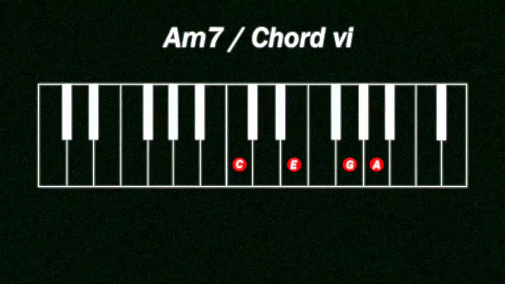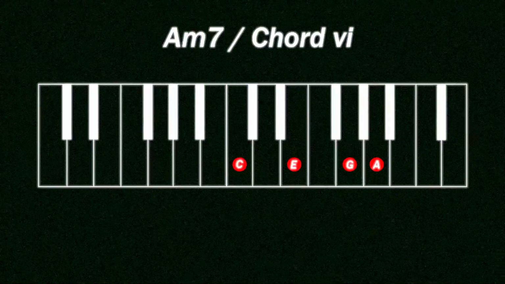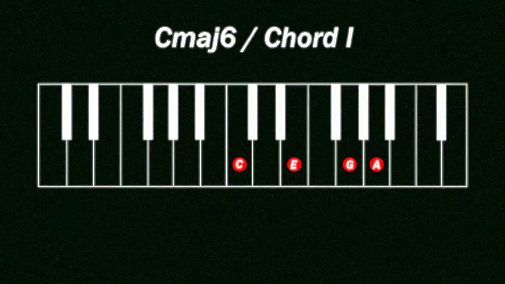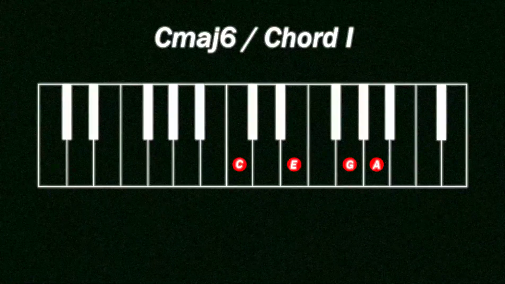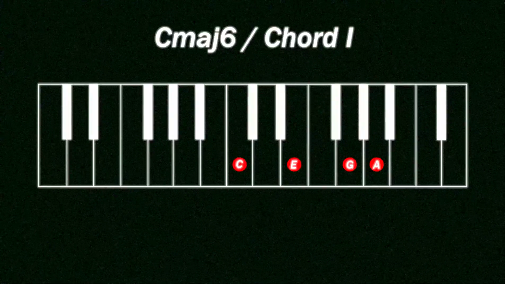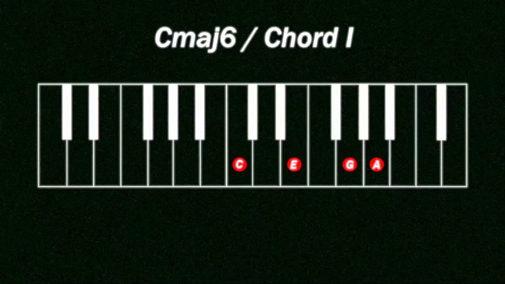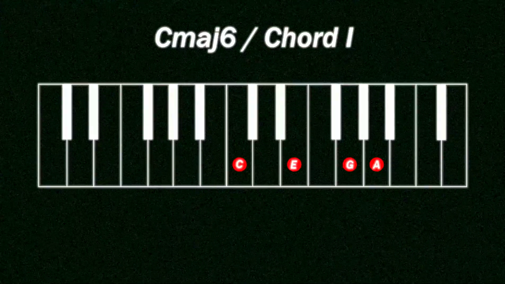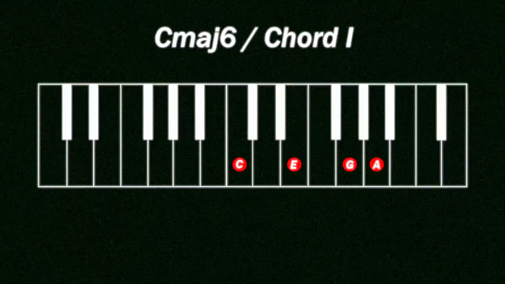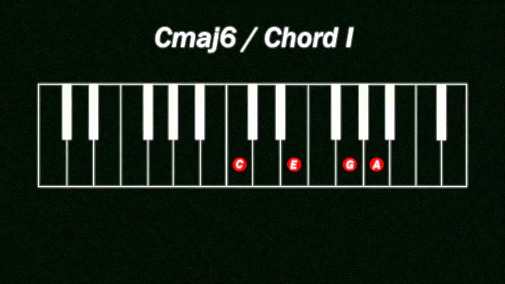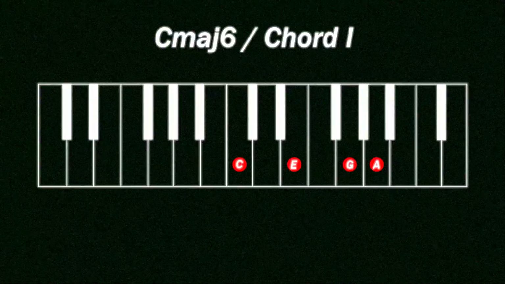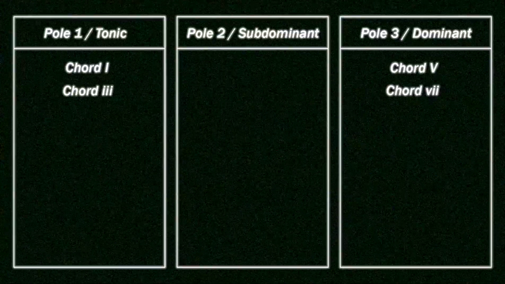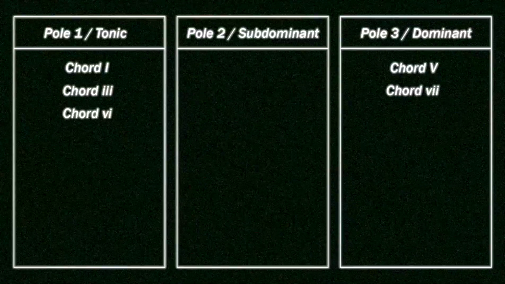Just by rearranging the notes, we now have a C major 6 instead of an A minor 7. A minor 7 and C major 6 share the exact same notes. And we know that, just like C major 7, C major 6 is a tonic chord, so we can confidently put chord 6 into pole 1.